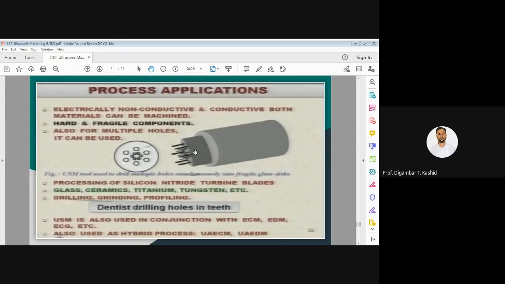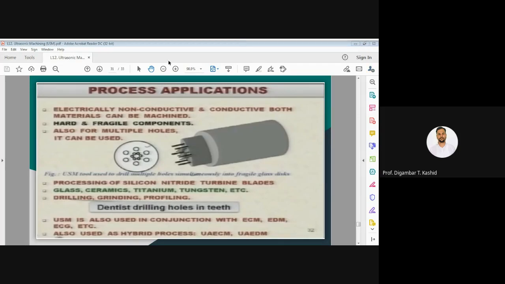Okay, again, glass, ceramic, titanium, tungsten are the materials which can be machined by this process, as I have written here. Again, we have operations like drilling, grinding, profiling, and other kinds of operation that can be performed using this process.